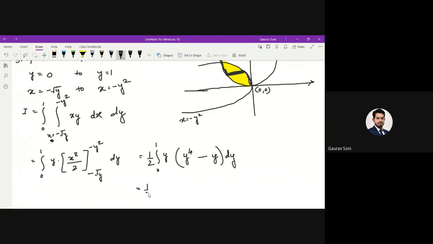The integration of this, y raised to 6 by 6 minus y raised to 3 by 3, limits from 0 to 1. So the answer is minus 1 by 12.